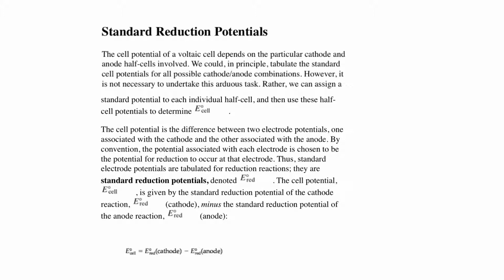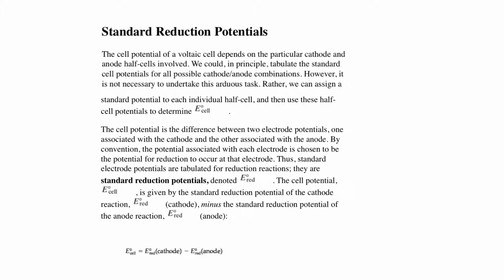The cell potential is the difference between the two electrode potentials, one associated with the cathode and the other associated with the anode. By convention, the potential associated with each electrode is chosen to be a potential for reduction to occur at that electrode. Thus, standard electrode potentials are tabulated for reduction reactions. They are standard reduction potentials, denoted E naught sub red.